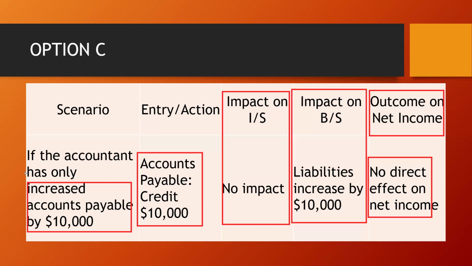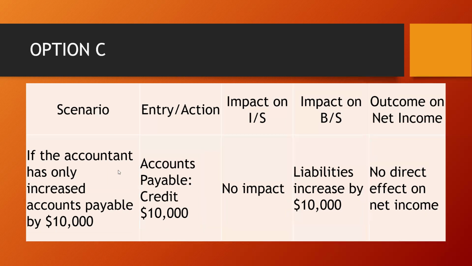That's why I'm explaining. Just imagine a scenario where they may ask you the same question. They may ask what will be the impact on the balance sheet, or they may say that due to this partial correction, there is an impact on the balance sheet: the liability is increased by $10,000. For option C, you can go with that question.